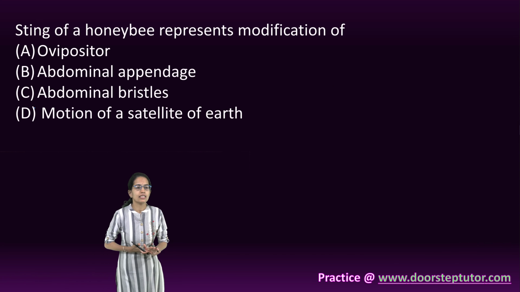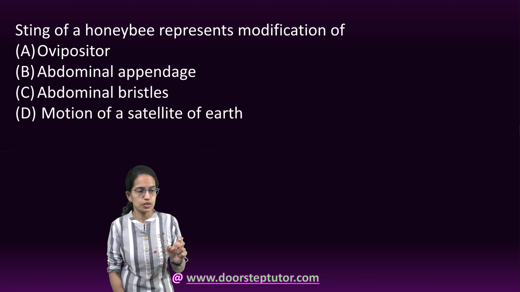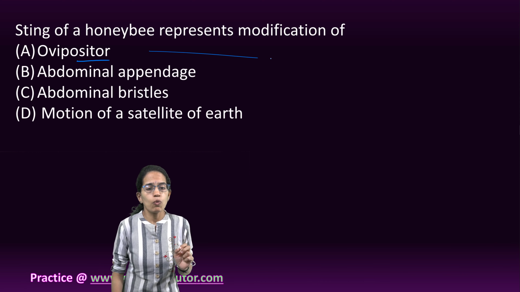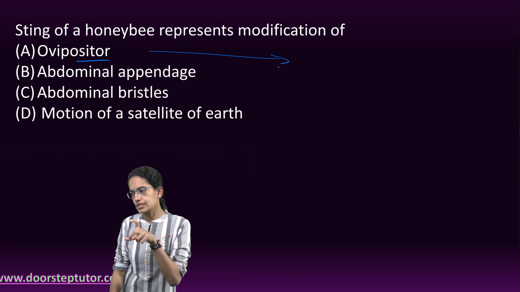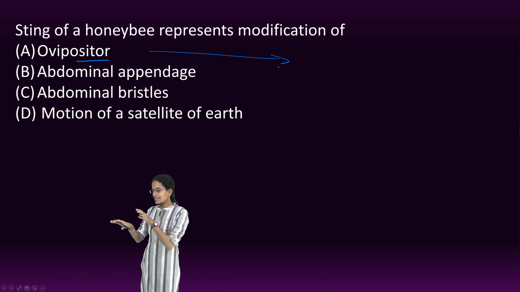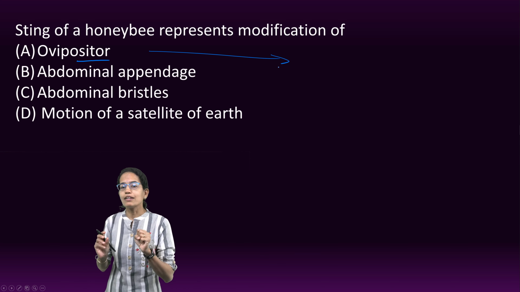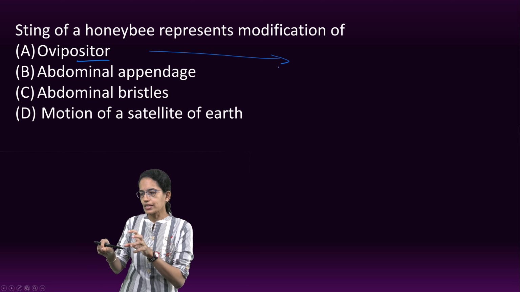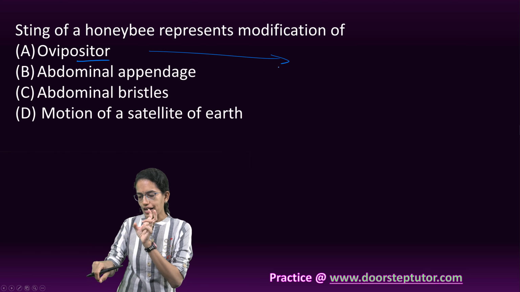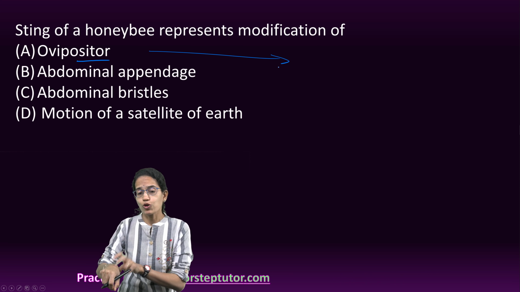The next is sting of a honeybee represents modification of an ovipositor. Now, why sting of honeybee is considered as a modification of ovipositor is because it is at the end of the abdomen of the female drone. When the bee actually stings, what would happen?